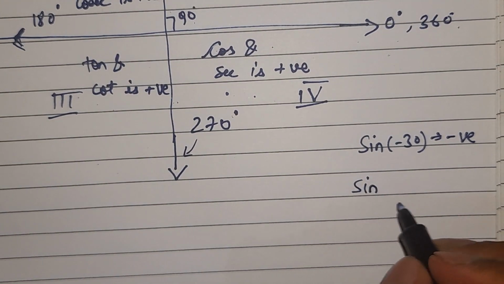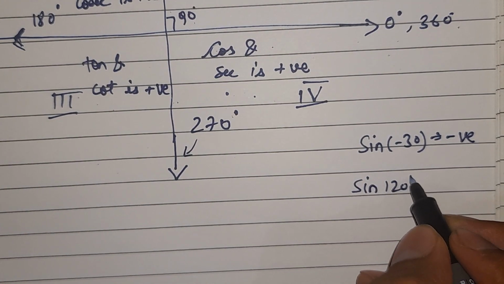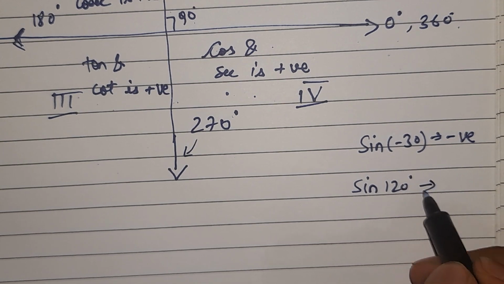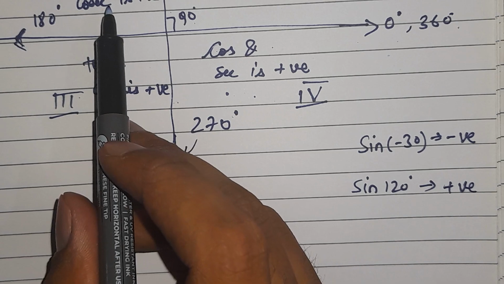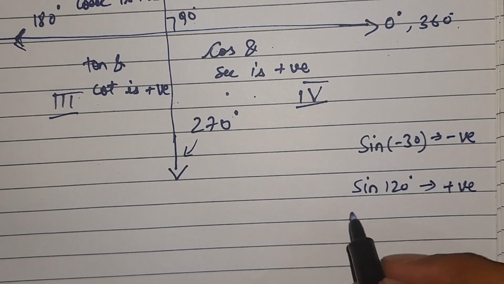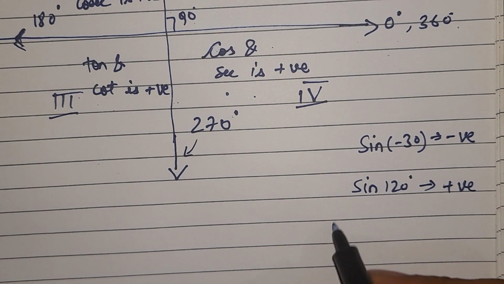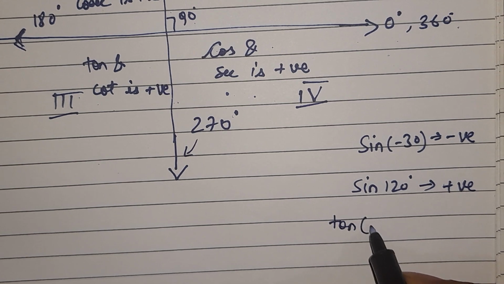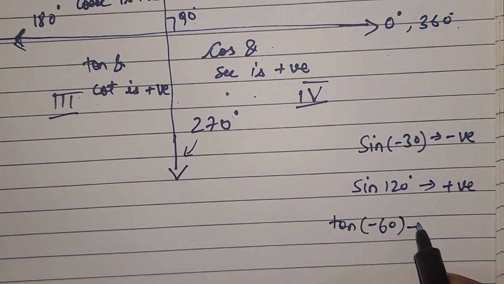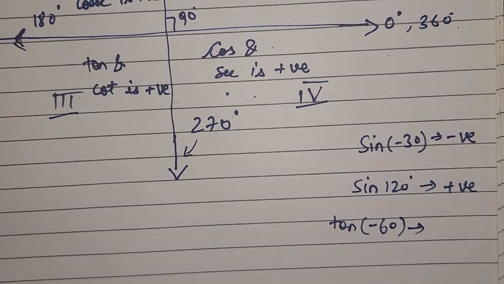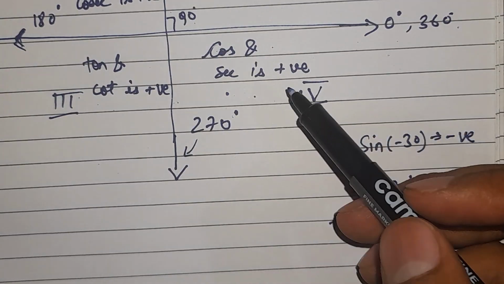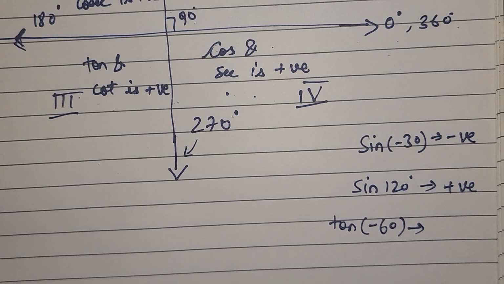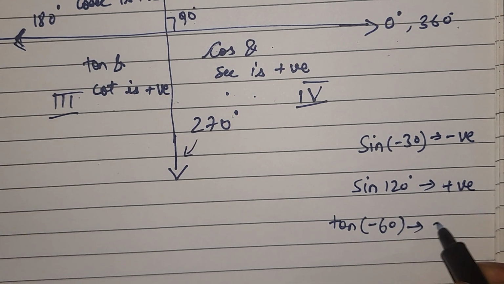Sine 120 degree is positive because it lies in the second quadrant, and in the second quadrant sine and cosec are positive. If I ask you whether tan minus 60 is positive or negative, then your answer will be that it is negative, because tan minus 60 lies in the fourth quadrant, and in the fourth quadrant only cos and sec are positive, others are negative, so tan minus 60 will be negative.